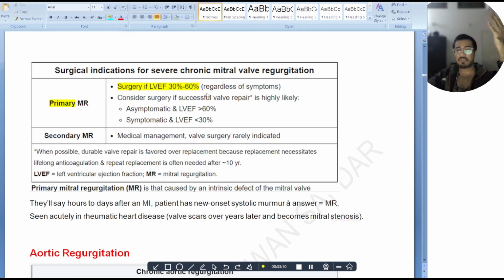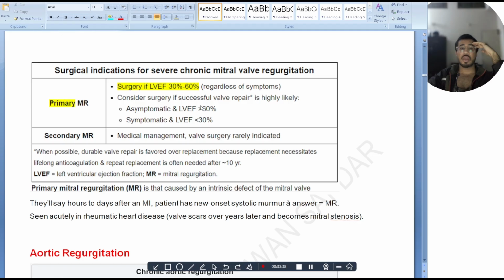If it's at 70% ejection fraction, we can assume that it's good because the aorta would be getting blood. But 30 to 60 isn't sufficient to provide blood to the body because you're pumping blood to two areas, one towards the left atrium and one towards the aorta. So if you have this, regardless of symptoms, you don't need to have any symptoms of hypoxemia or pulmonary edema. You go for the surgery.